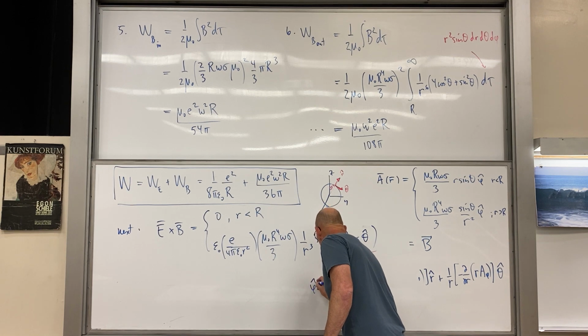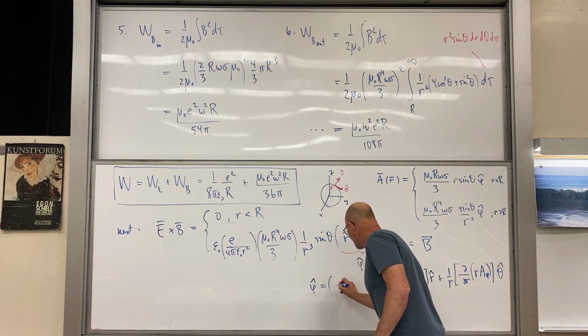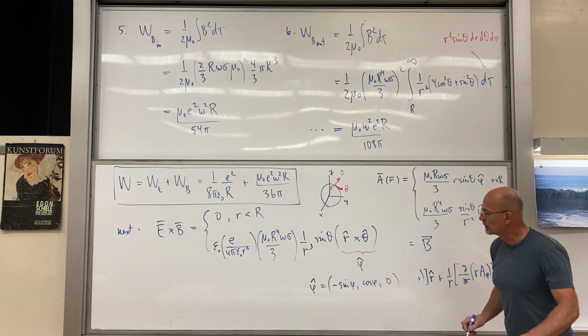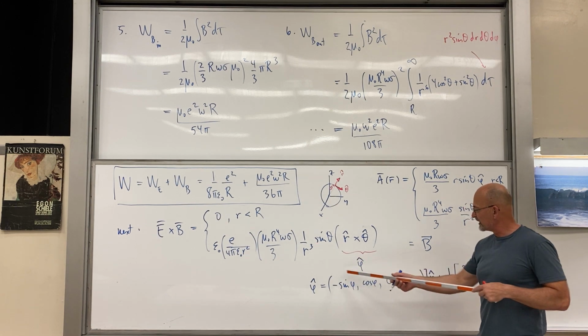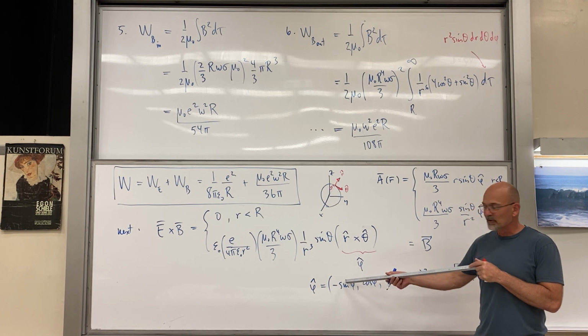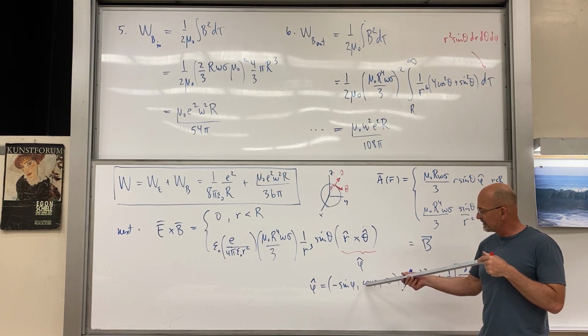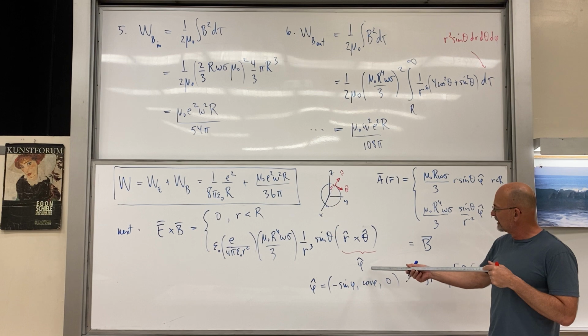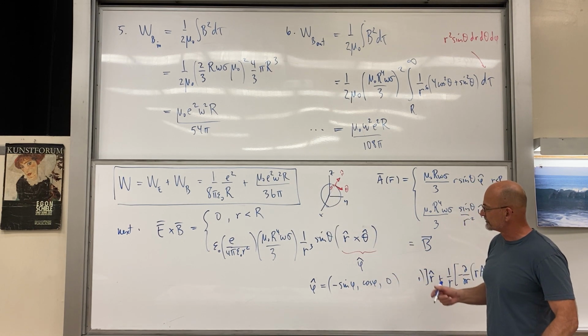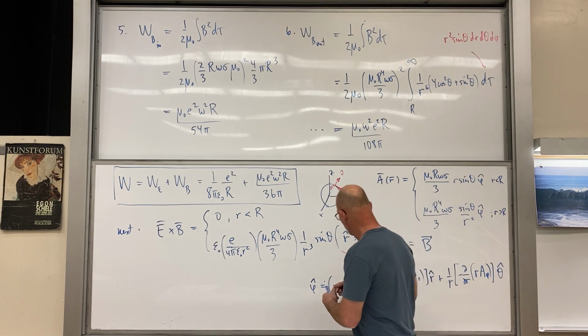So phi hat is equal to minus sine phi, cos phi, 0. So if you do an integral over this thing with your volume element, the d phi integrals are both going to vanish. D phi integrals are going to vanish. You're not independent of the theta integrals. Okay. So this is why.